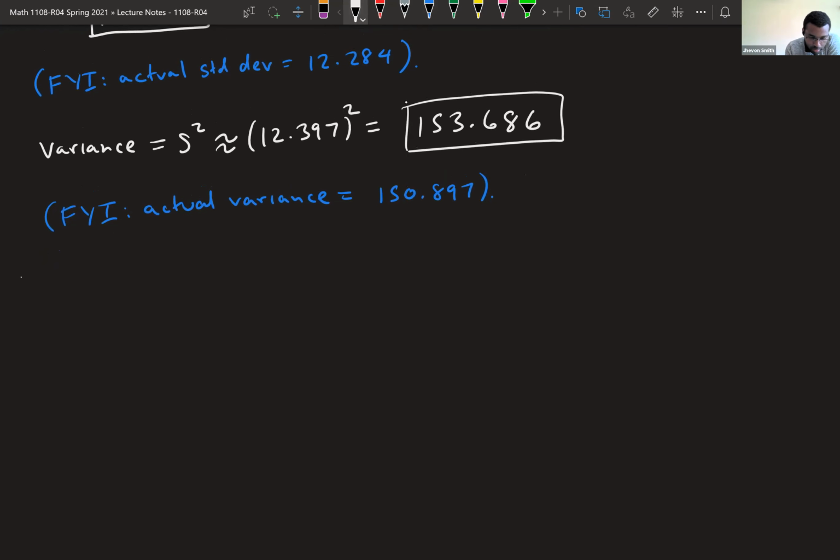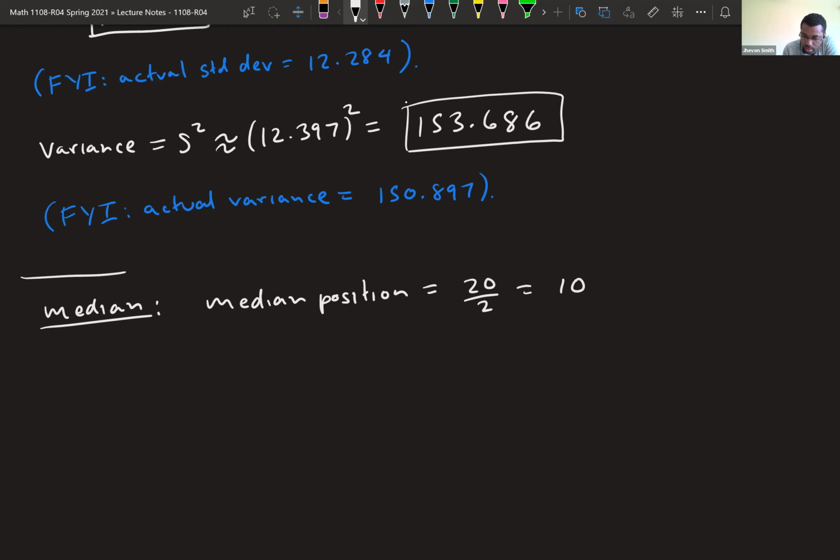Let's look at the median. I have 20 numbers, so I'm going to first find the median position. Divided by 2, it's roughly the 10th position.